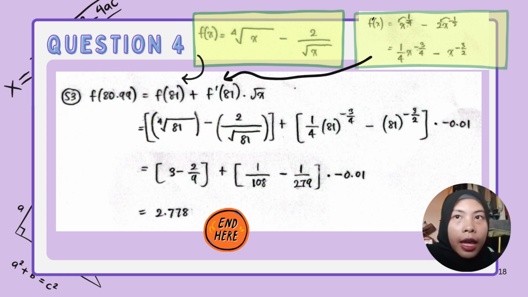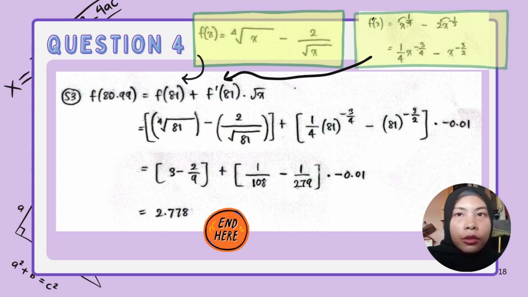So f(80.99) equals f(81) plus f'(81) times Δx, and we substitute the function, but the x will be replaced with 81.